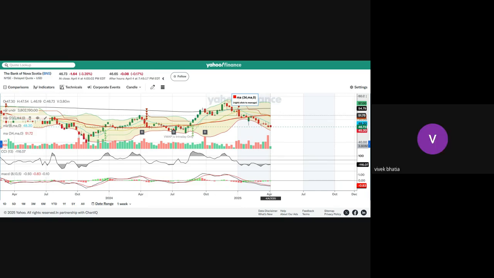But the way to trade this, whenever it crosses 48, you buy it for a target of 51. When it crosses 48, that is the 8 moving average. So the price has to go up above the 8 moving average and then you buy it.